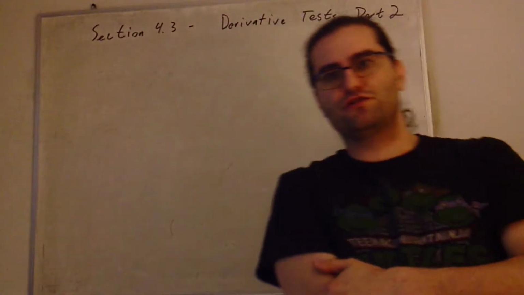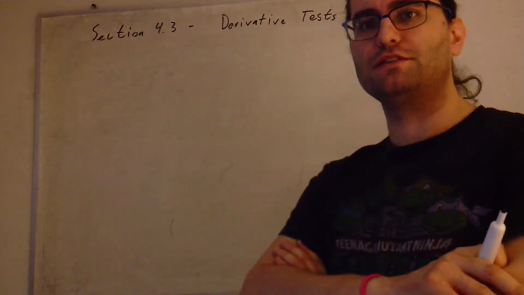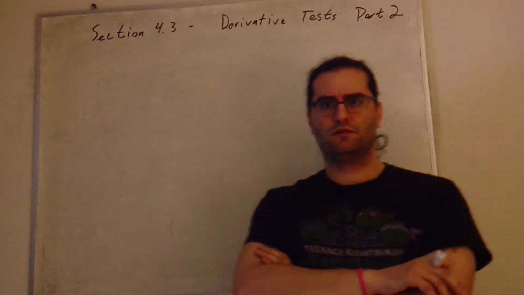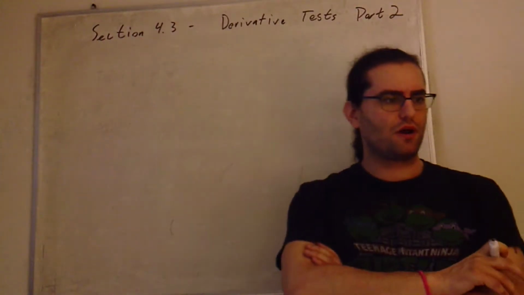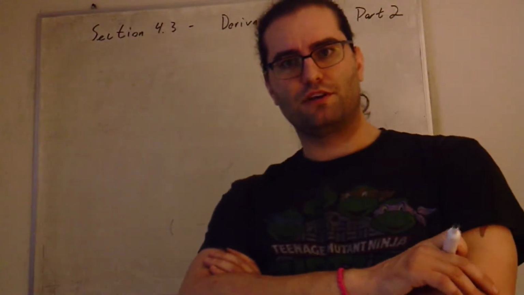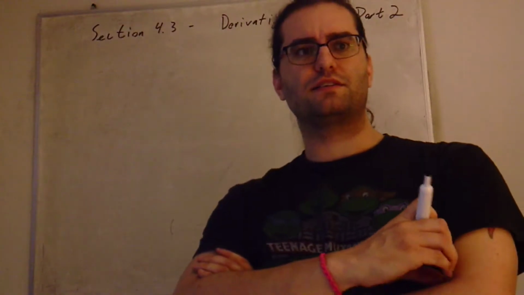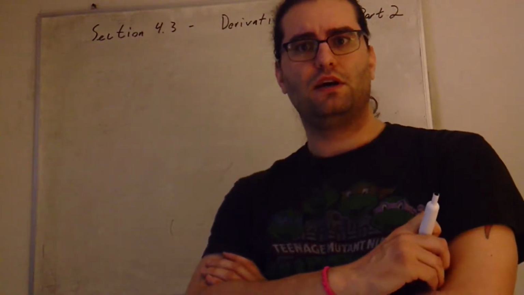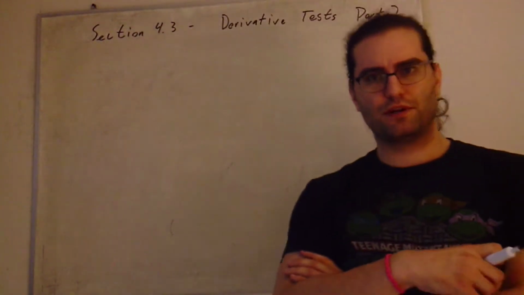This is part 2 of our video on section 4.3. We're talking about derivative tests. Instead of jumping right into another example where we can use the first derivative test, I want to talk about second derivatives for a while, because the other test we're going to use is called the second derivative test, and it's probably not going to make a ton of sense unless we talk about what second derivatives mean and how graphically second derivatives can be interpreted.